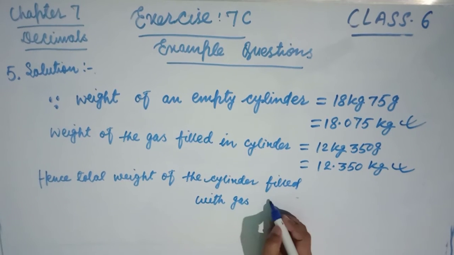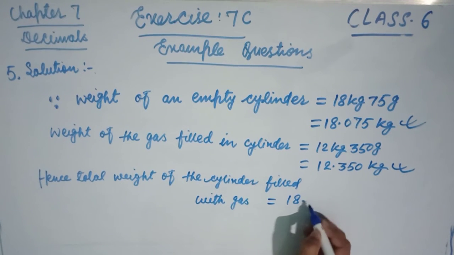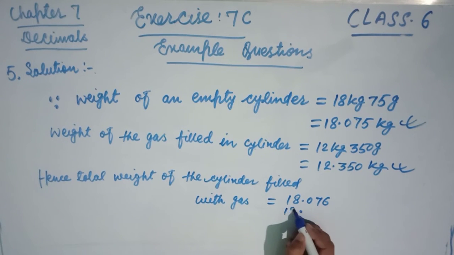So write down 18.075 plus 12.350. Now add the values. Here 6, 12, 1 is carried, this is 4 in the decimal, and this is 0 and 3. That means 30.42.